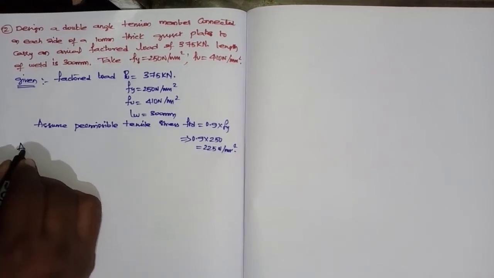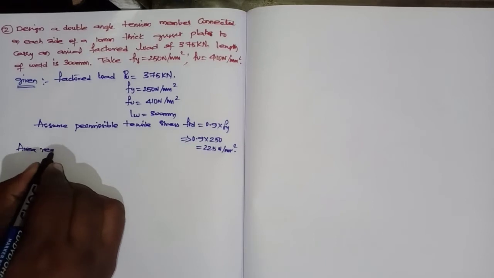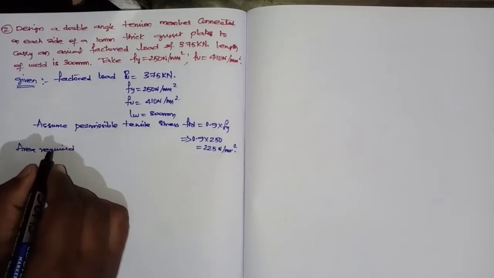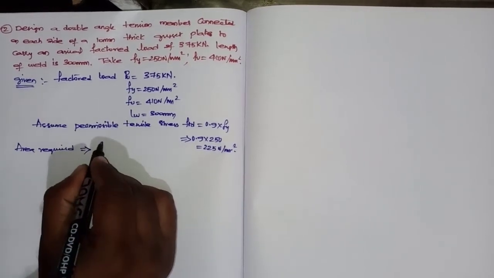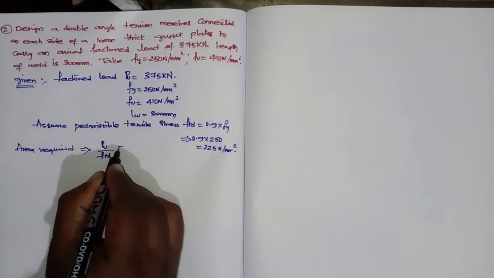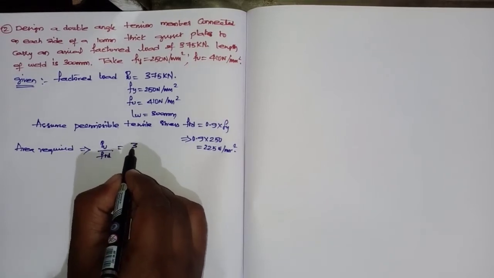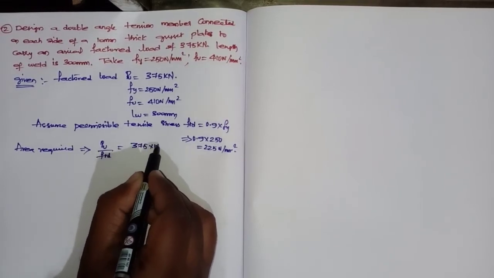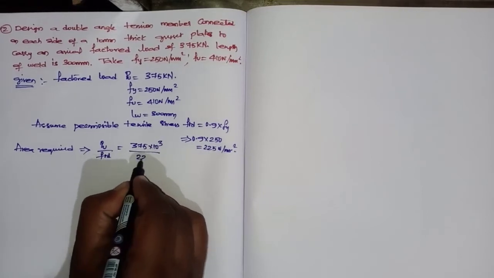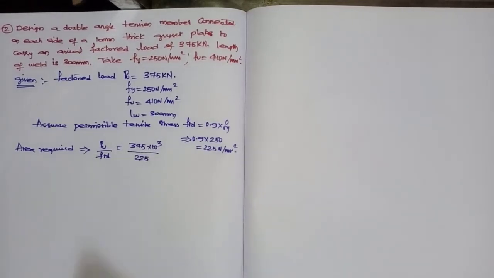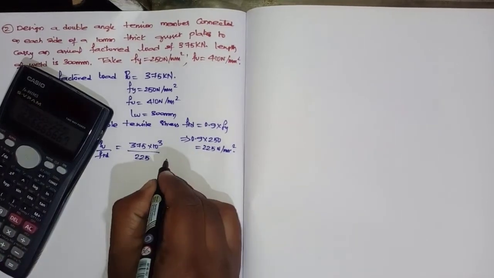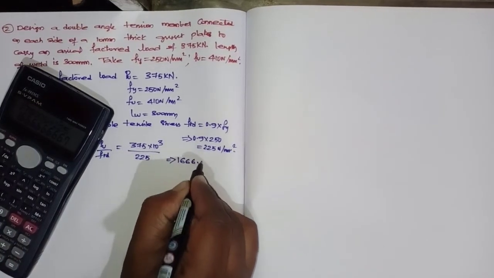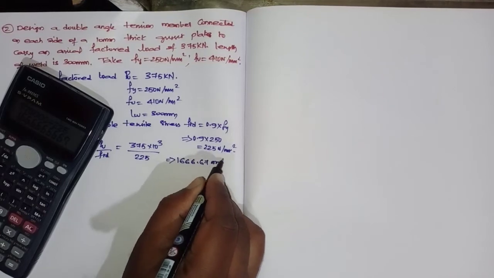Now area required, how much? Pu by FTD. So what is Pu? 375 kilonewtons, into 10 power 3 you will be getting in newtons, divided by 225. If I solve this one, how much you are getting? 1666.67 mm square.